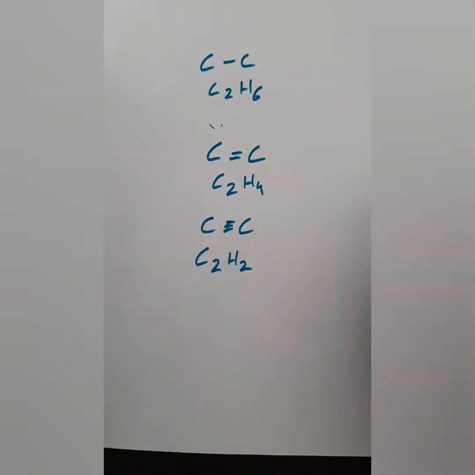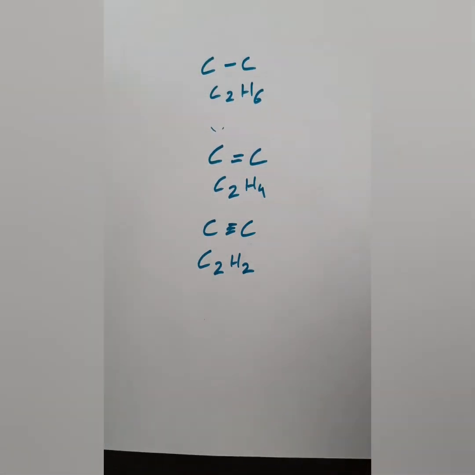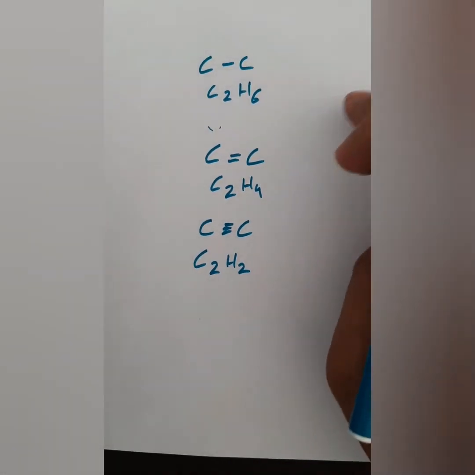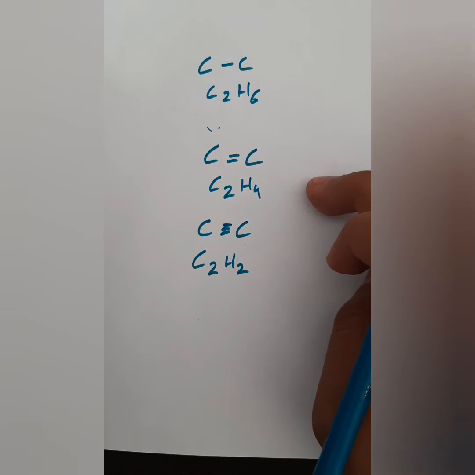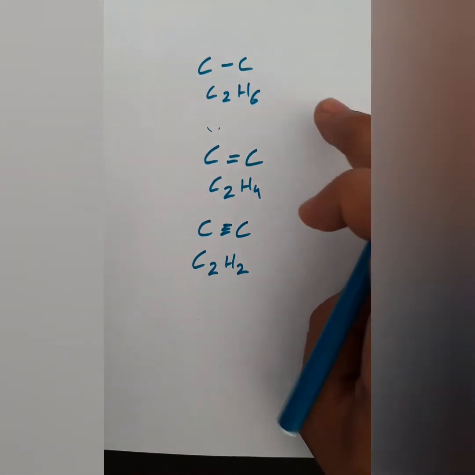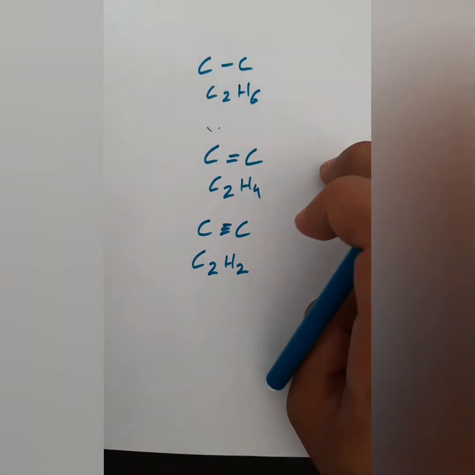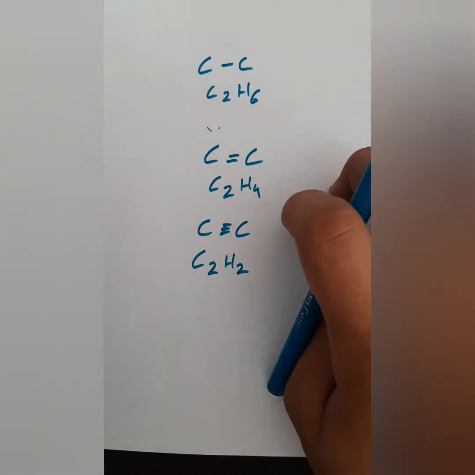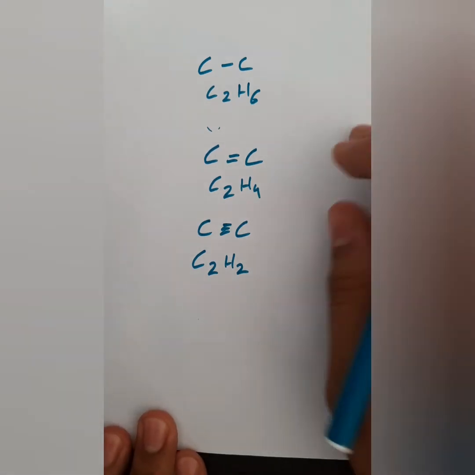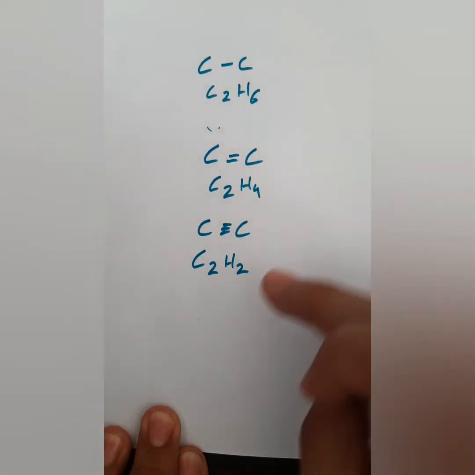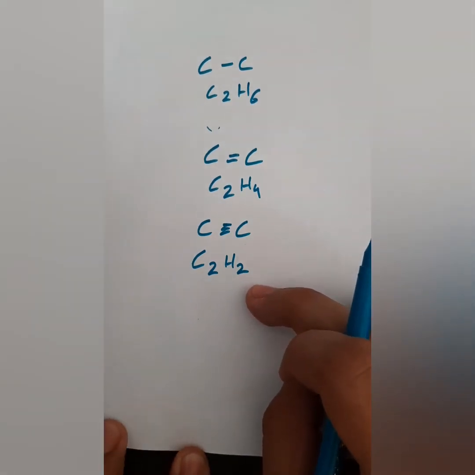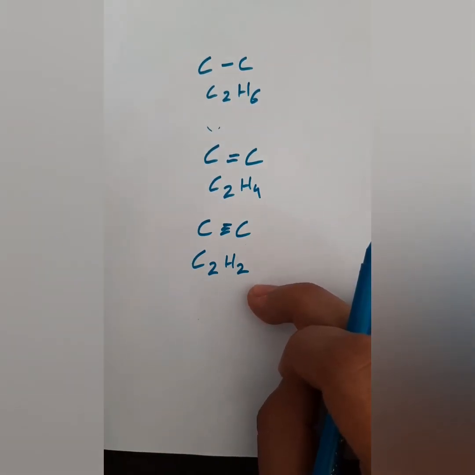So if you clearly see, it is first 6, then 4 and then 2. So what has changed is the number of double bonds and triple bonds. When we add one double bond to a compound, the number of hydrogen reduces by 2. And when you go from ethane to ethyne by adding a triple bond, the number of hydrogen reduces by 4.